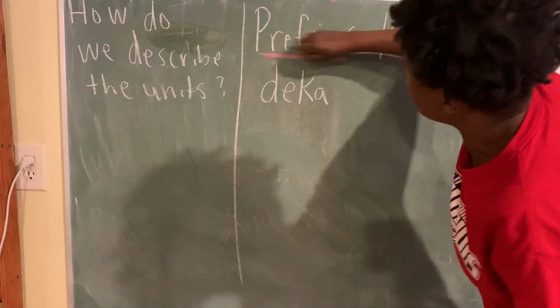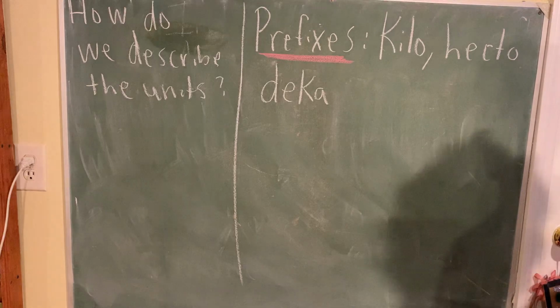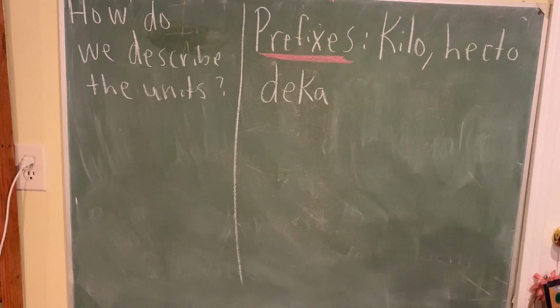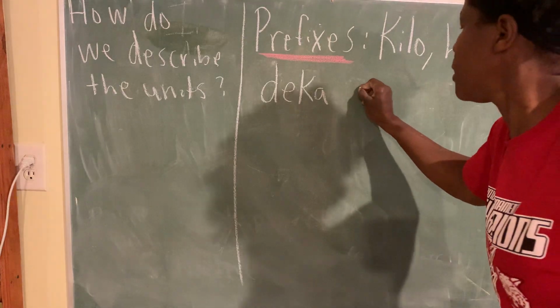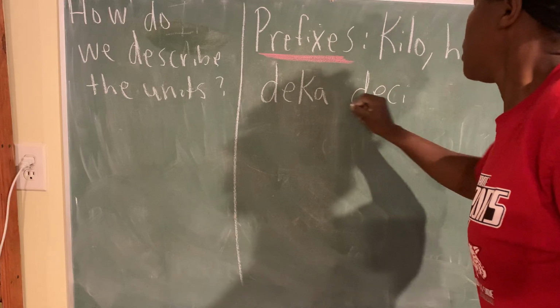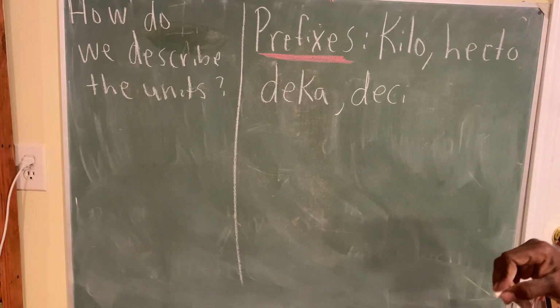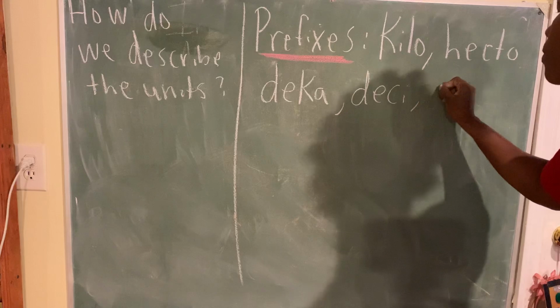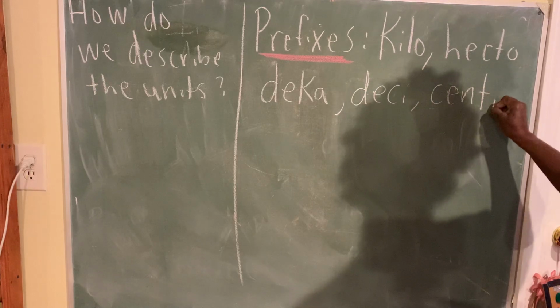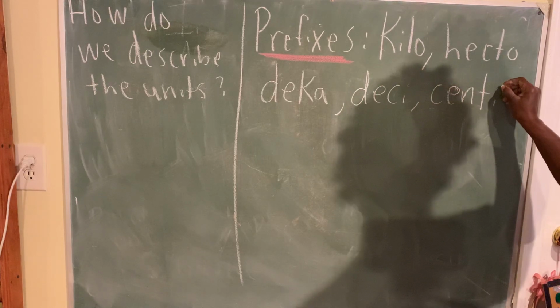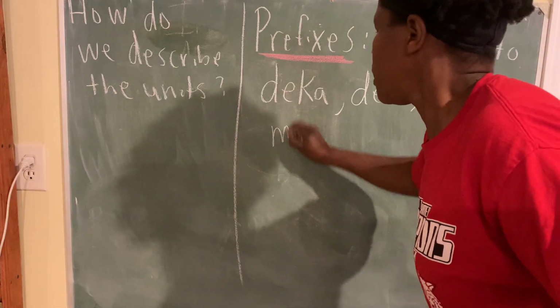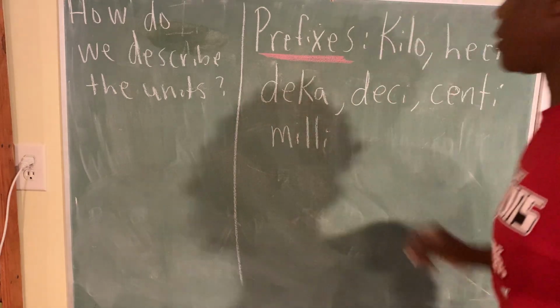These are the prefixes. Kilo, hecto, deca. And then we have deci, centi, and then milli. Those are the prefixes.